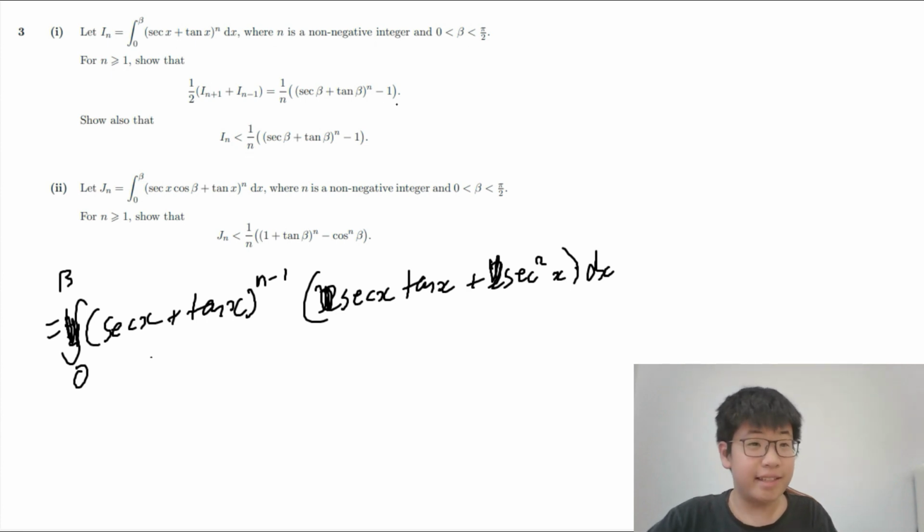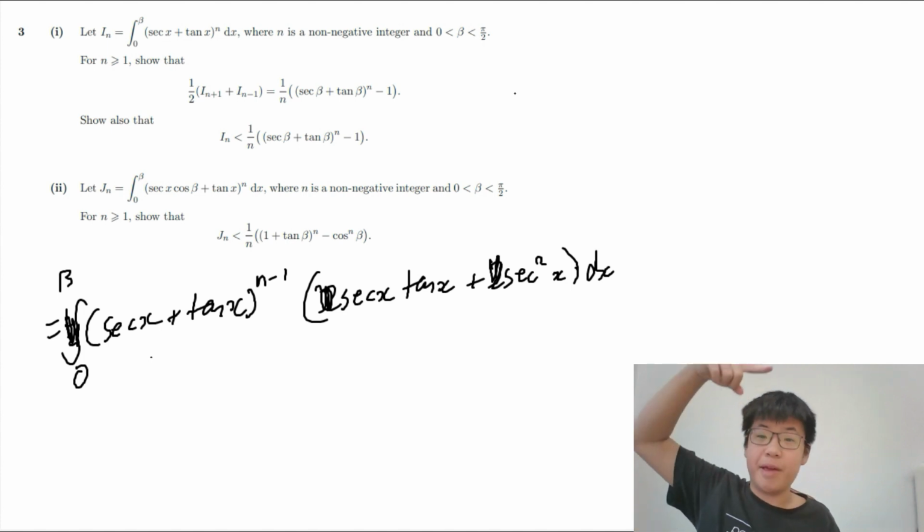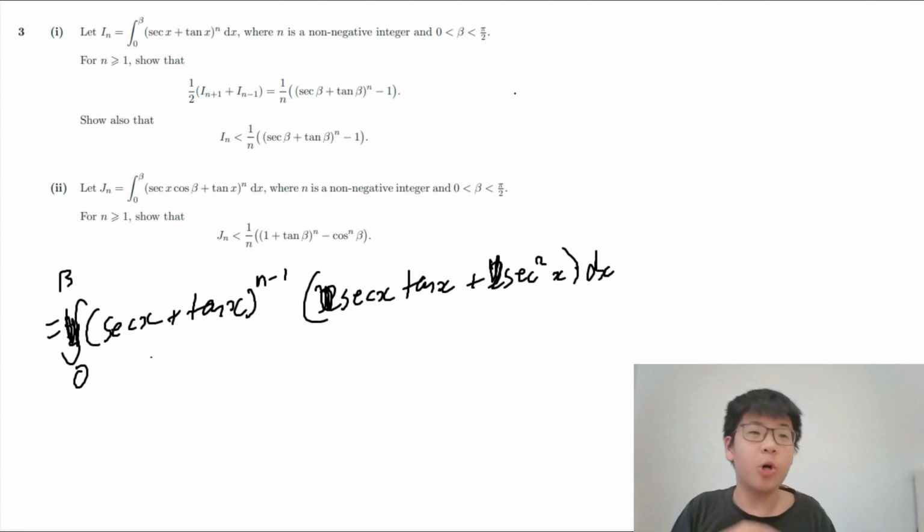And we see that this is the case. And so I_n, you see the subscript is between n minus 1 and n plus 1. But the area is between because sec x plus tan x is always, and I mean always, greater than 1 for this portion. So basically, multiplied to the power of n, everything literally gets bigger and bigger and bigger. So I_n is less than the average of both values.